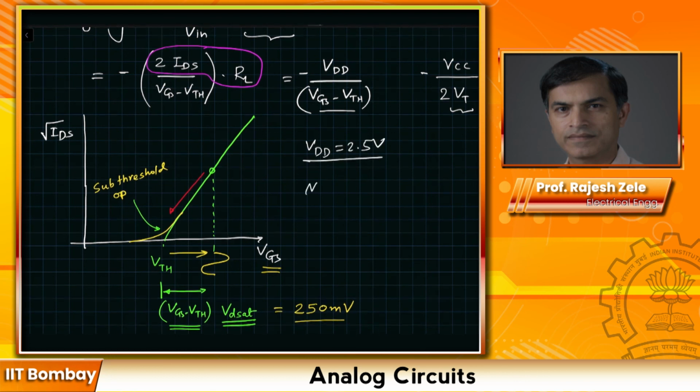The max gain will be minus 2.5 divided by 250 millivolts, and that will be equal to minus 10. Now you can compare the two stages, and you can see that bipolars have an inherent advantage because of the VT, which is 26 millivolts, and in the MOSFET case, we would like to keep VGS minus VTH to be some minimum value, so that limits the maximum voltage gain that we can achieve.